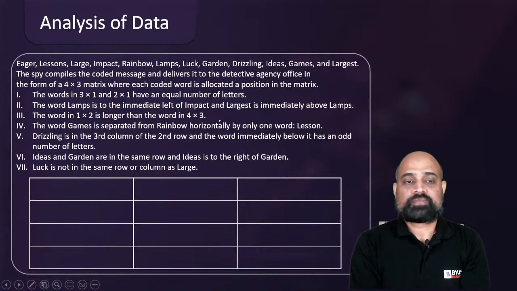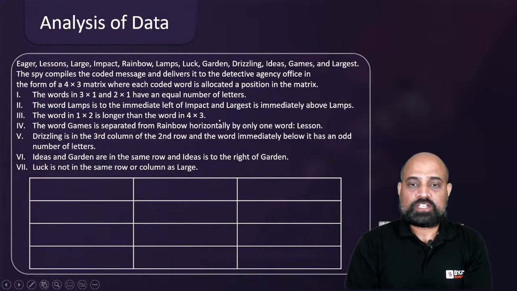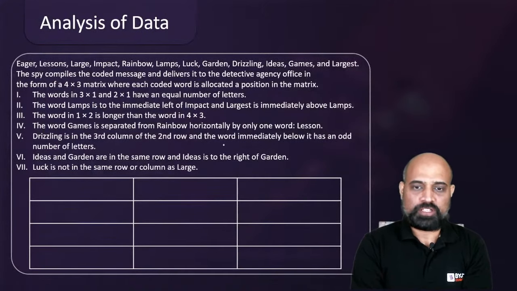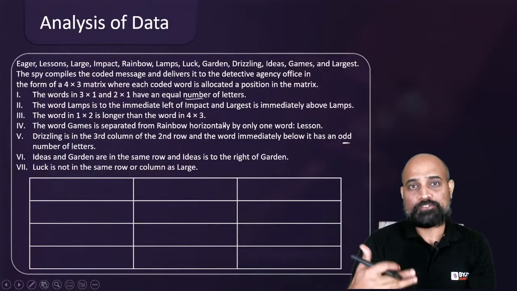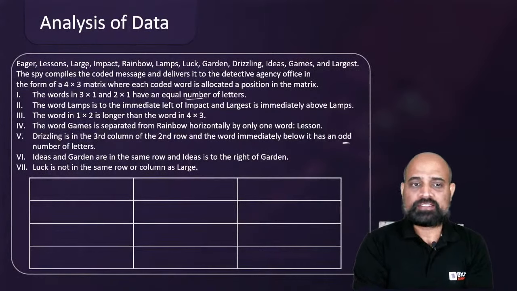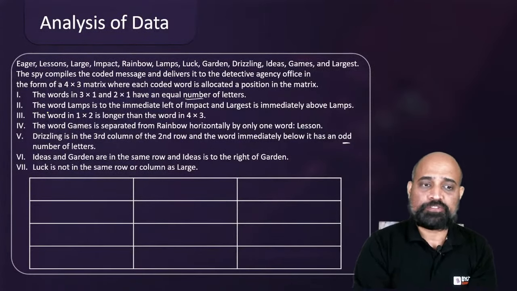Shall we? Okay. If you read the additional information, there is something called odd number of letters and equal number of letters. To make it easier, so that every time we do not have to calculate, let's write down the number of letters every word has.